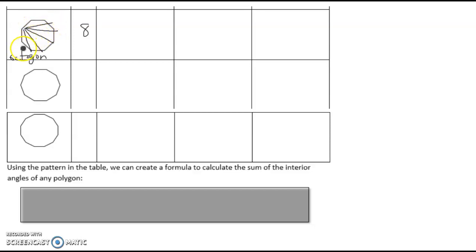So if you count the number of lines I drew, it was 5. And we have 6 triangles. Okay, so we're going to do 6 times 180 degrees. And that gives us 1080 degrees.